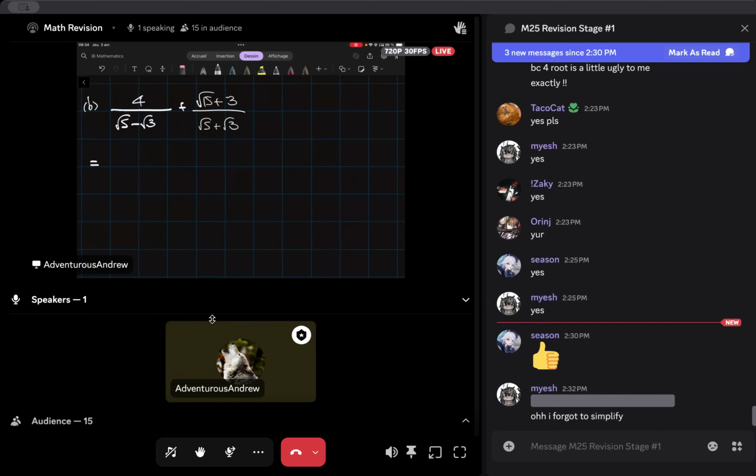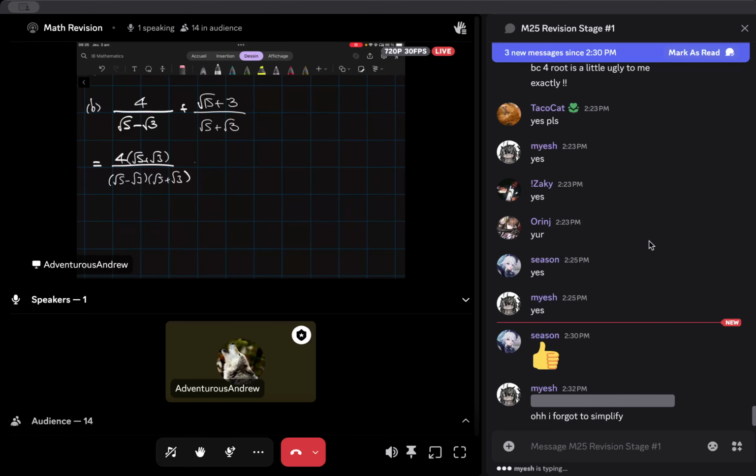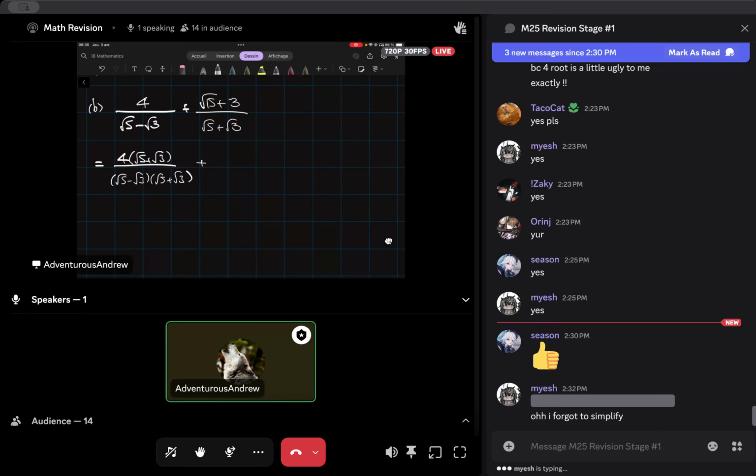First one, this is a very clear cue that we will need to rationalize. So we've got to multiply by the conjugate. Second term, what happens if we take root 3 out as a factor?